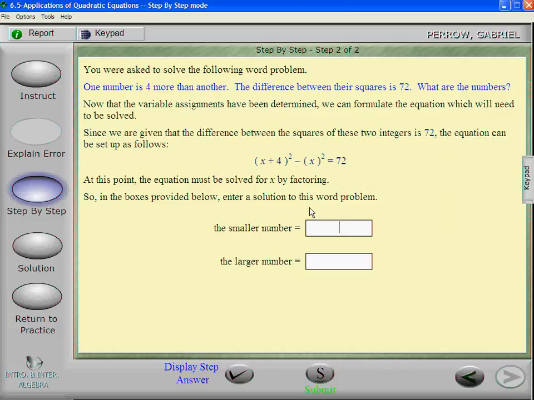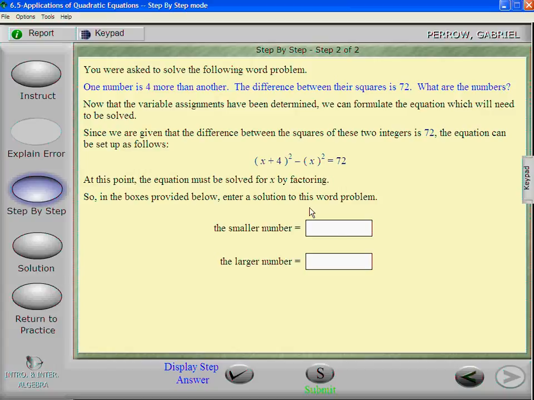And what is the solution? Well, I'm going to multiply x plus 4 by x plus 4, take away x squared equals 72. I'm doing it out on paper right now. x squared plus 4x plus 4x plus 16 minus x squared equals 72.